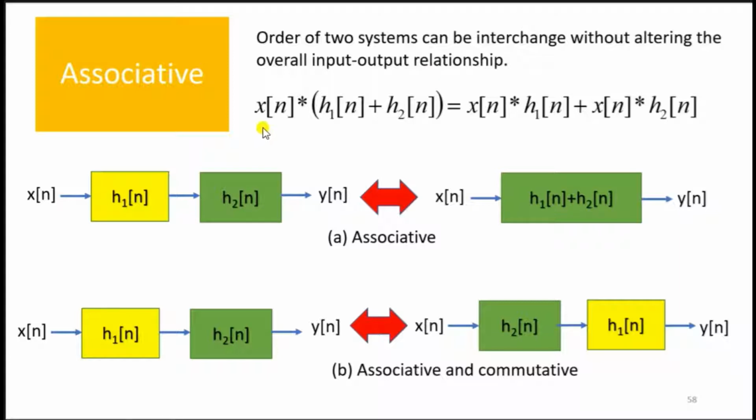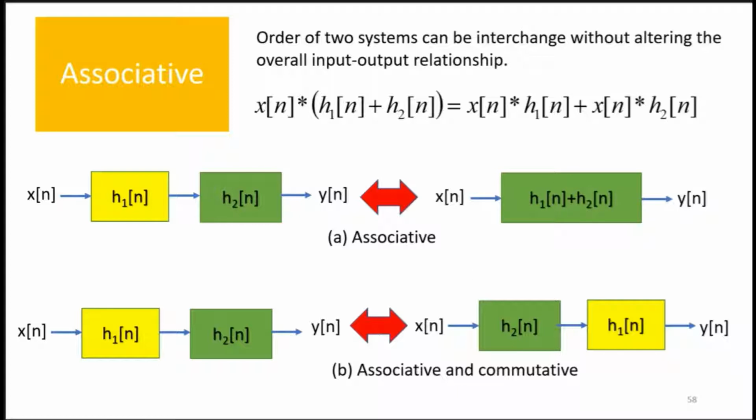So in the first diagram, you see the associative property, and the second diagram is shown as associative and commutative property. So you can see that this is interchangeable, and this is the summation of two systems.